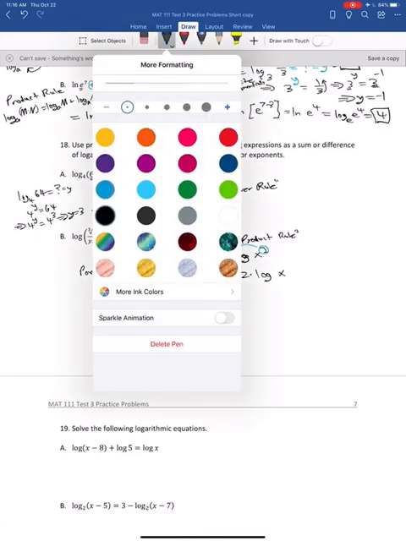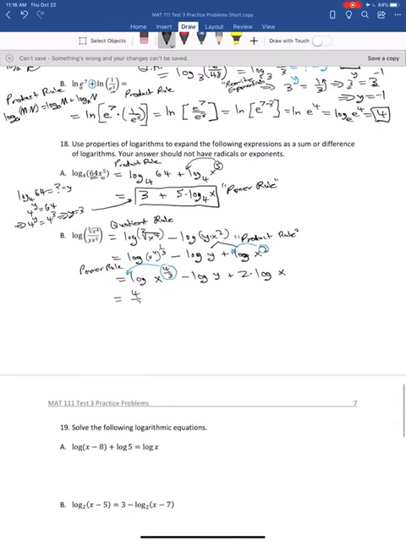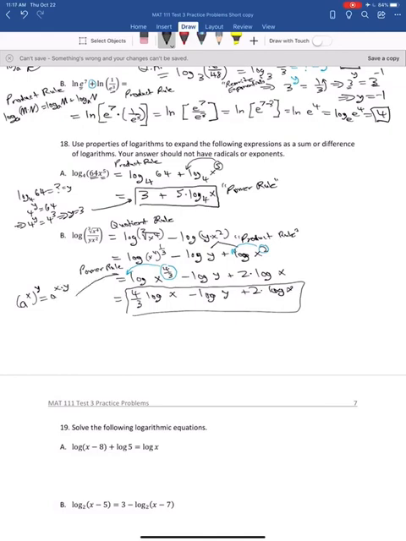It's equal to 4/3 log base 10 of x. Make sure there are no powers, no radicals. It says you should not have any radicals or exponents in your final expression, and now we've taken care of that. Remember, power to a power, you multiply those exponents. Using my property of exponents, a to the x power raised to the y power is equal to a to the x times y power. Applying that right here.